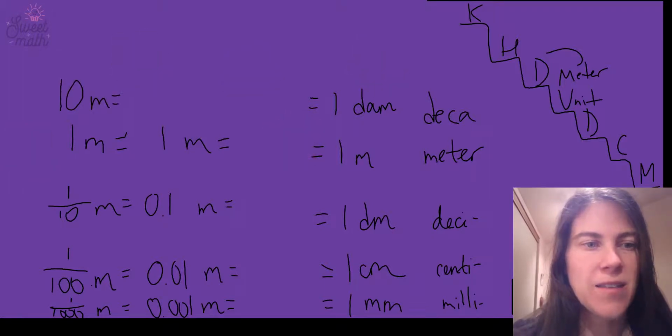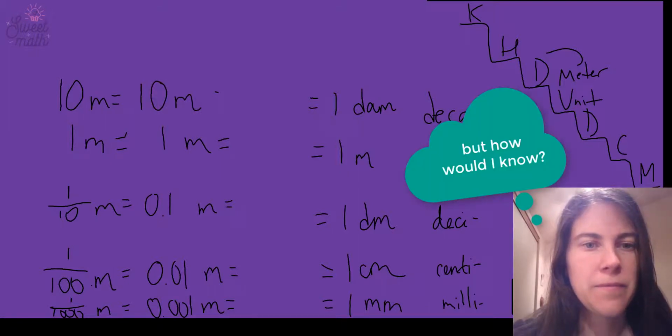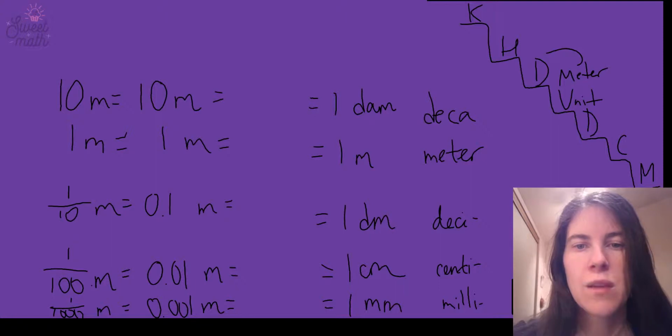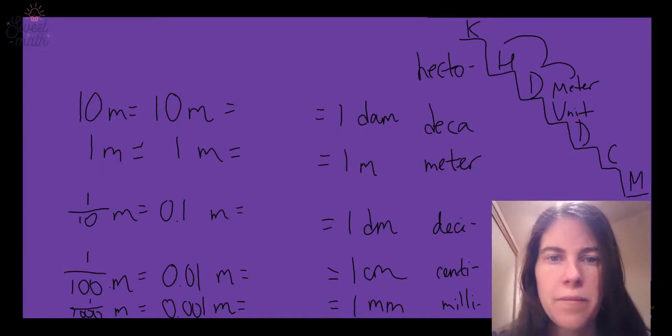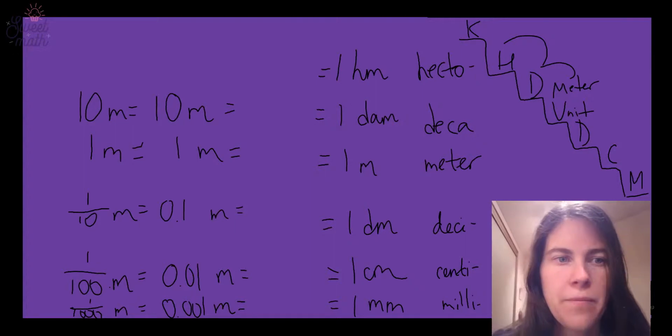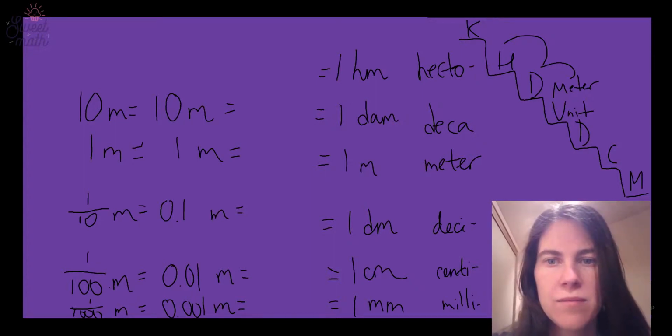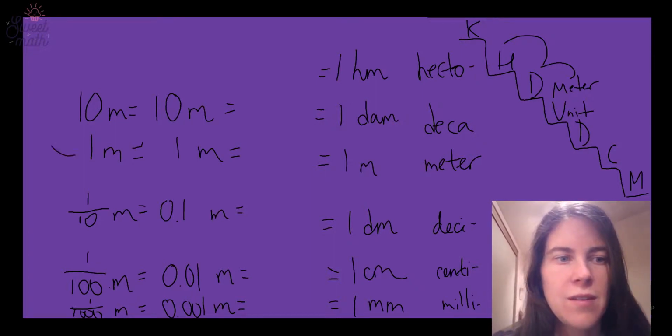You are right. What comes next? We keep going up. H. What is the H for? Hecto. It's 1 HM. Guess how many? Are you seeing a pattern here? 100 meters.